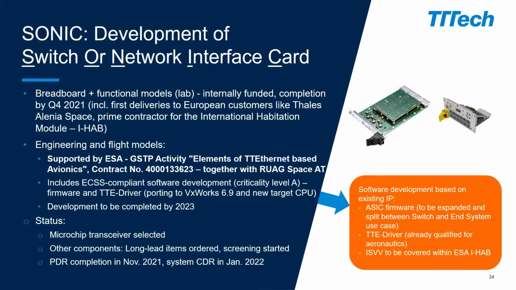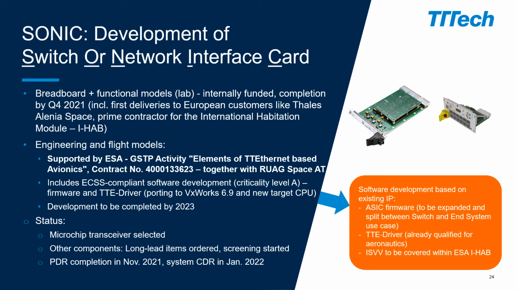Now we are developing engineering and flight models, and this is supported by an ESA GSDP activity named Elements of TT Ethernet based Avionics under contract number 40133623, and this is done together with Workspace Austria.